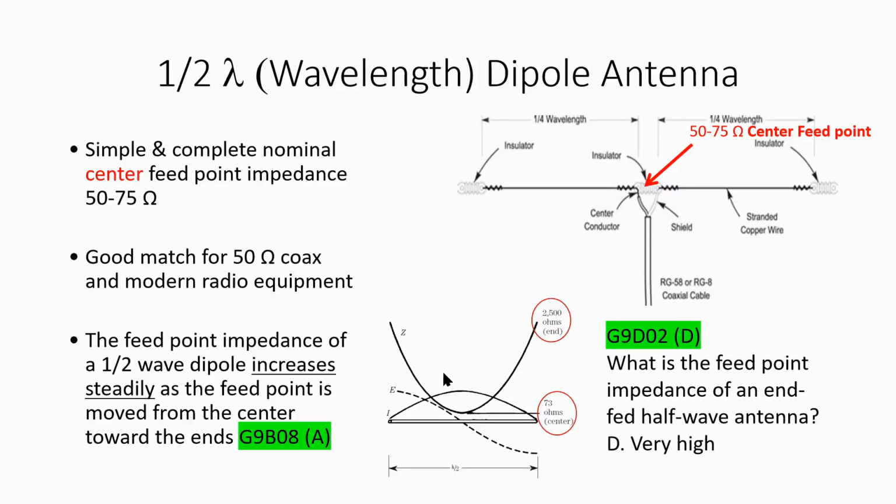And this is the impedance. In the center, 73 ohms, 50 to 75 ohms. At the extreme, in this diagram, 2,500 ohms at the extreme. It could be higher. So the center, it increases steadily as you go out from the center. That is a sentence expressing it as the question in a positive way. And here you can see that the feed point at the end is very high impedance.